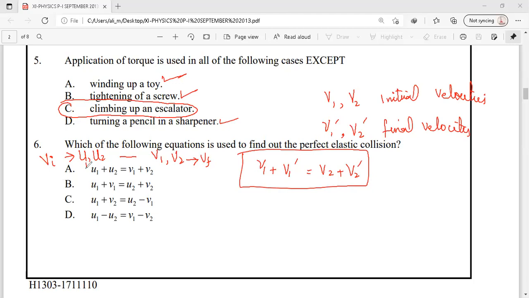So if we replace initial velocities by u1 and u2, and final velocities by v1 and v2, this will be our relation, that is in option B, u1 plus v1 equals u2 plus v2. Option B is the right answer.